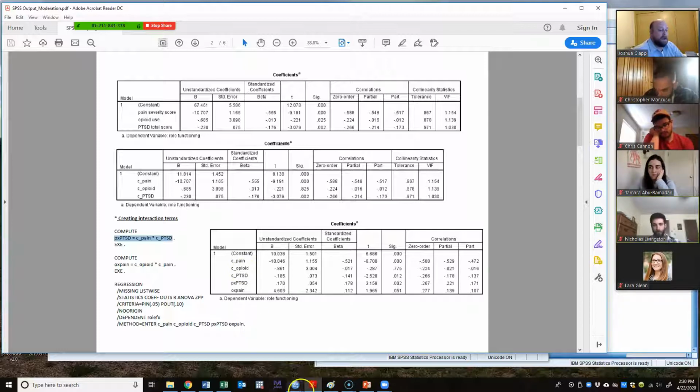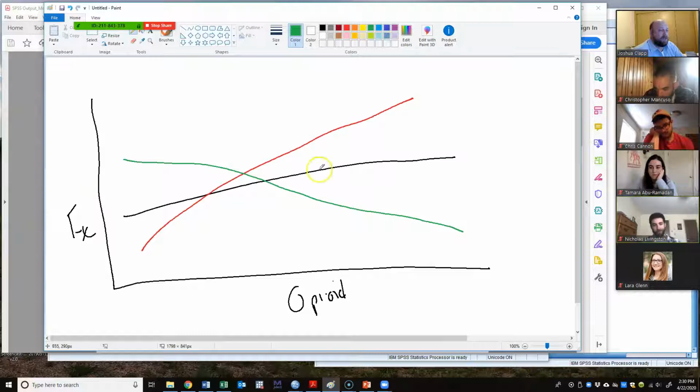But what we might find is at average levels of pain, opiate use doesn't hold an association, right? But at high levels, you got a strong positive relation. At low levels, you got a low positive relation.